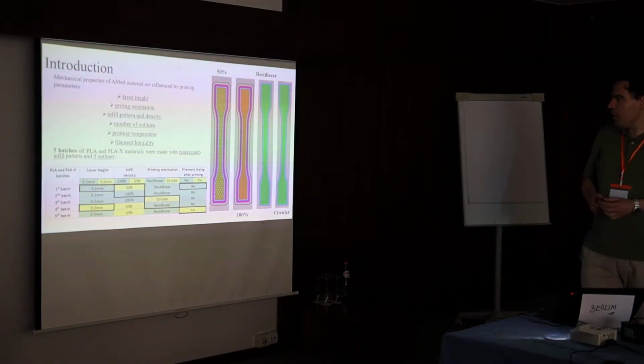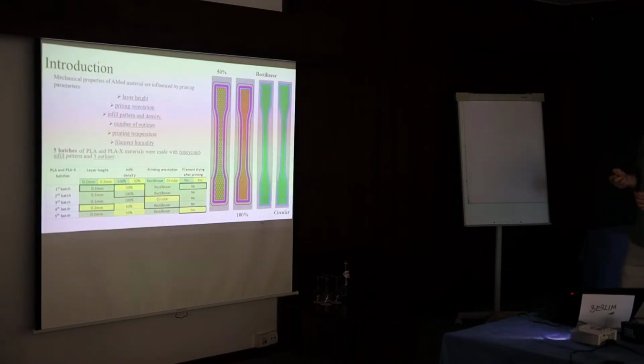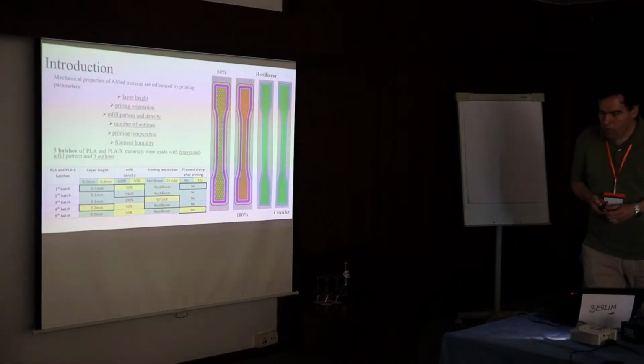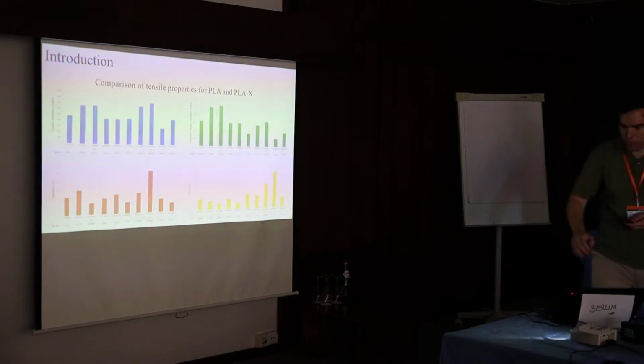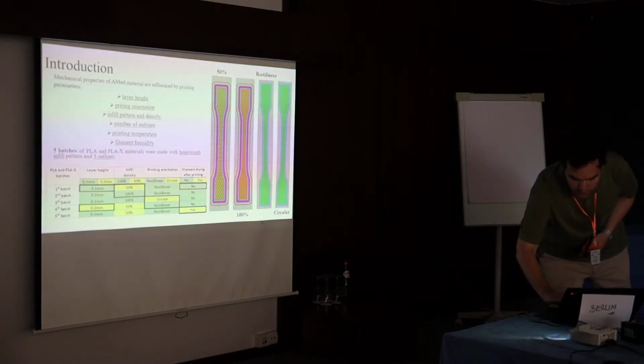Now what we have conducted: we used some printing parameter variations. We used different layer height, printing orientation, and percent of infill, and also some specimens which were dried before testing.